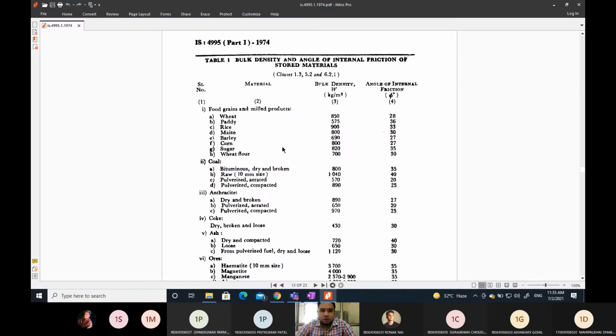In IS 4995 part 1, you would find the various materials used for storage in bins, and the bulk density and the angle of internal friction phi. Depending on the material to be stored, you can have the values of bulk density and internal friction.